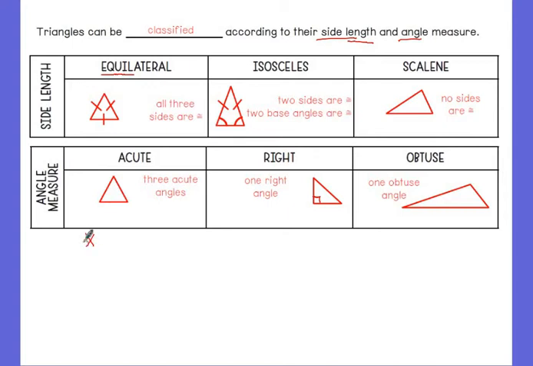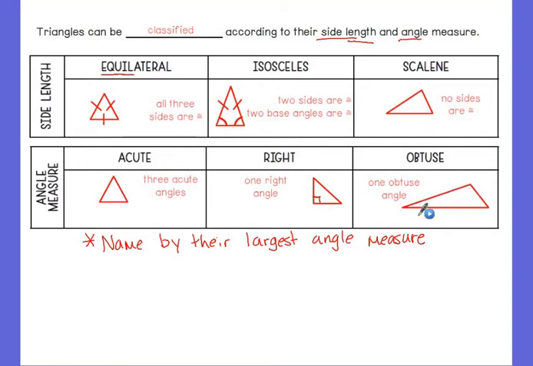For angle measurements, triangles are named by their largest angle measure. So if the first thing you see is an obtuse angle, and then you see an acute, this is not an acute triangle.